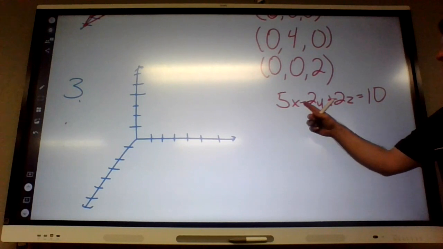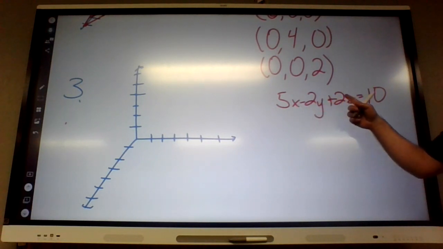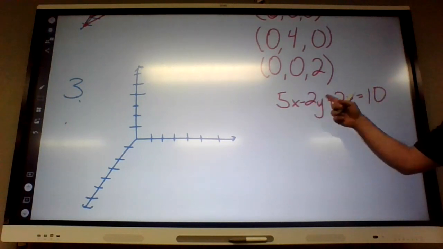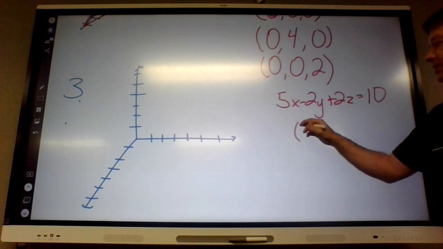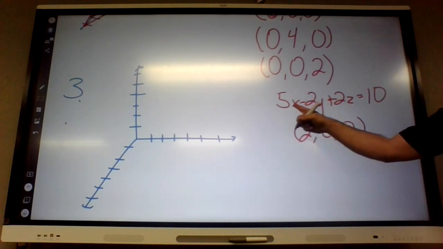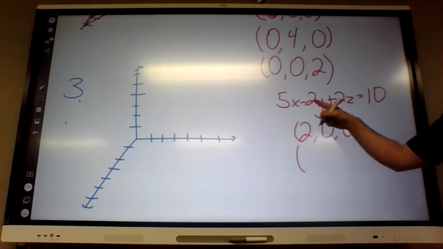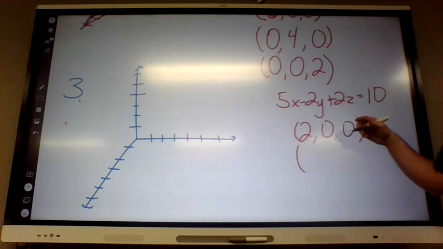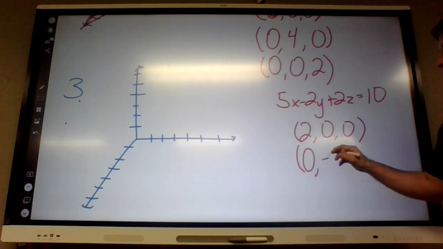Alright, so y and z become 0, what x value will make 5x equal 10? That'd be a 2, so we got a 2, 0, 0. If x and z are 0, well, negative 2y equals 10, so we would need y to be negative 5.